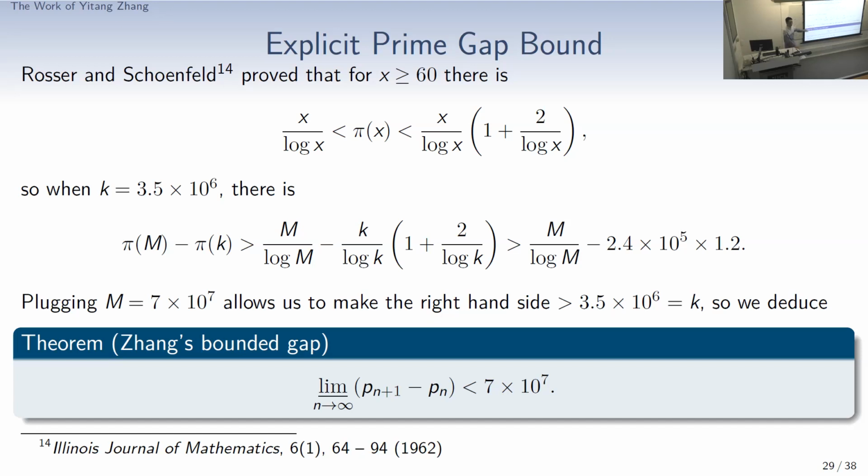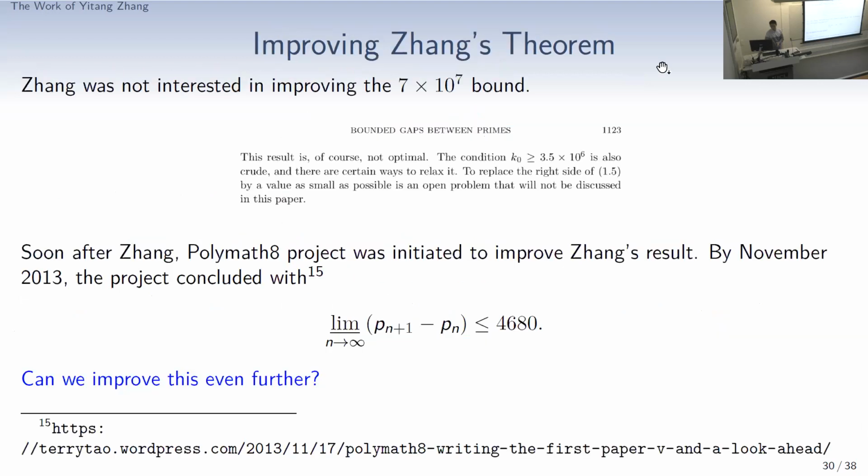And so this is the result in Yitang's paper, that we can bound the gap between consecutive primes by 70 million infinitely many times. This is Zhang's theorem. Even in his paper, Zhang said that the result is, of course, not optimal.